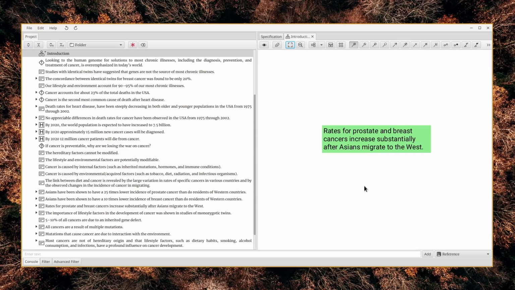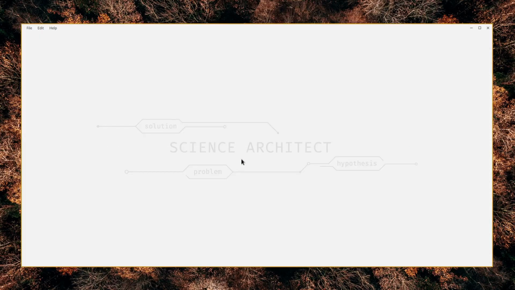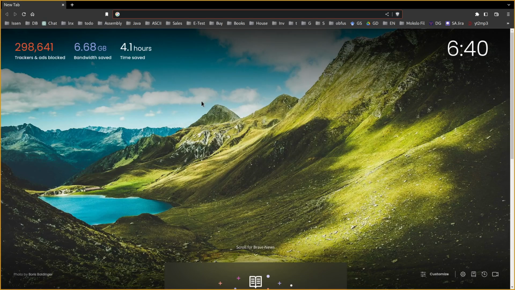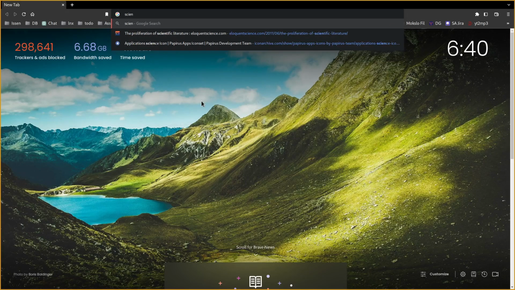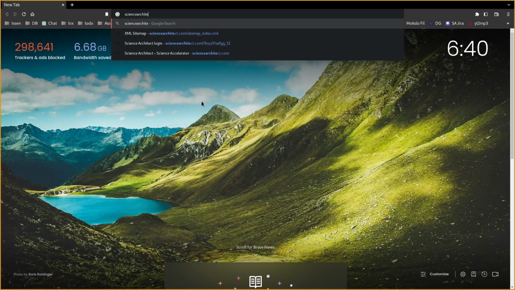In other words, avoid creating copies of the same information in the information tree. Third rule. The text of each component should be as simple as possible. To learn how to simplify different types of components, visit the Science Architect website at sciencearchitect.com.